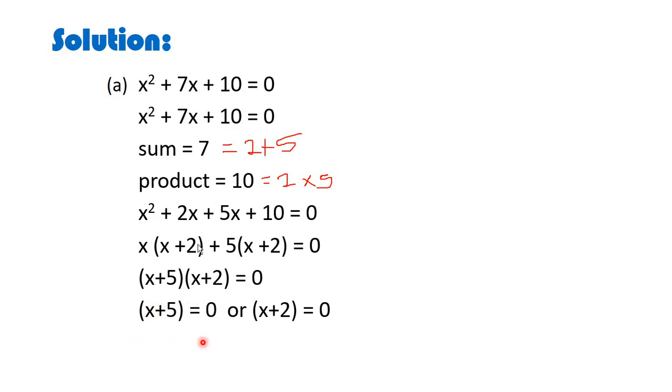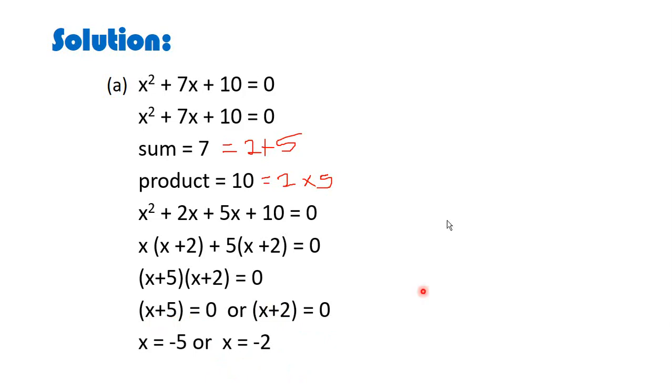Now, we are solving this quadratic equation. Making x the subject, we shall have x is equal to negative 5 or x is equal to negative 2. So the solution to this quadratic equation is x is equal to negative 5 or x is equal to negative 2.